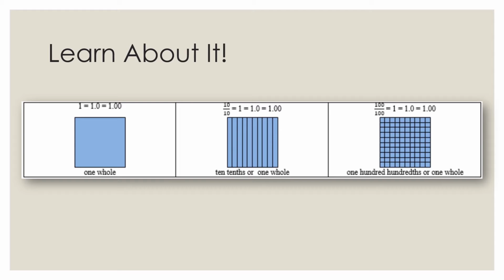It's important to understand how decimal parts are related to the whole. Our one whole is that whole that we're looking at. Our tenth is going to be 1/10 of that whole. And our 1/100th is 1/100th of that whole. So for the tenths, we need 10 of them to make one whole, and for the hundredths, we need 100 of them to make one whole.